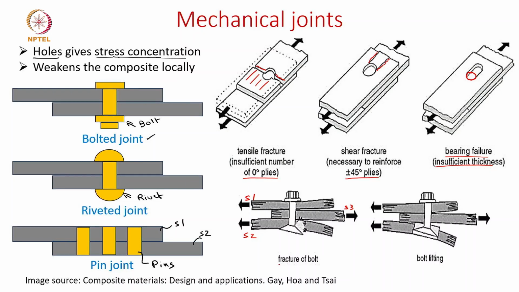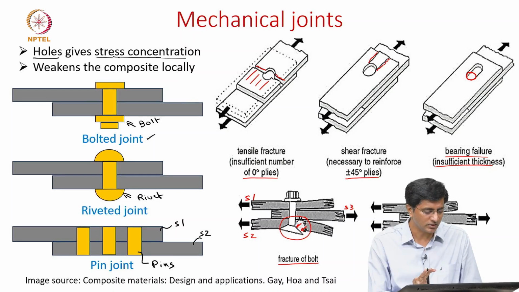So here is a fracture of the bolt. As you can see here, since it is putting a lot of load on the bolt, this bolt can fail here. Or the bolt can also start lifting. As you can see, this bolt is piercing into the laminate and damaging the laminate more. So this is also to be avoided.